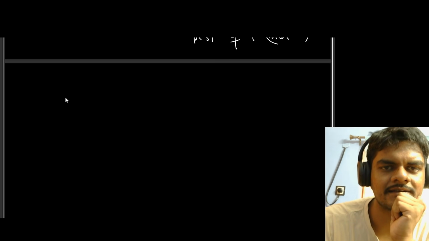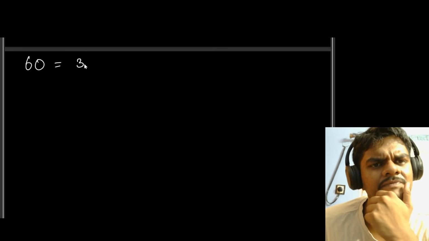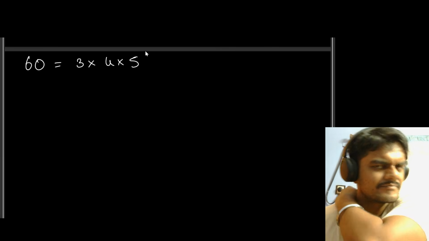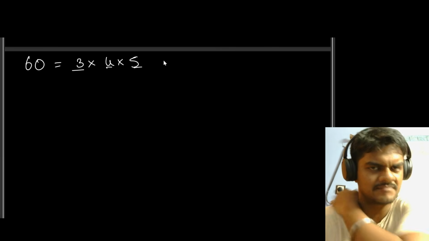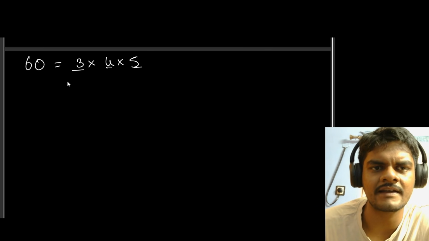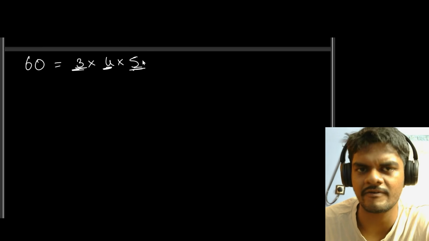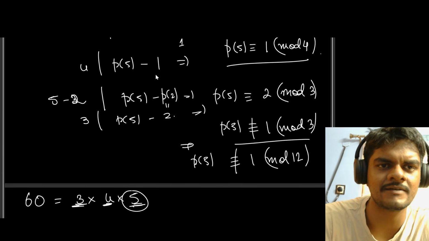60, right? So let us first look at what is 60. 60 is 3 times 4 times 5. So these three are coprime. So I think I can now, if I individually find mod 3, mod 4, mod 5. Mod 5 is easy. What is that term exactly?